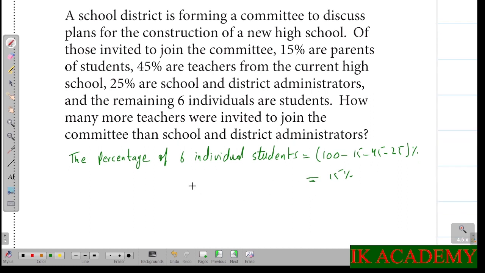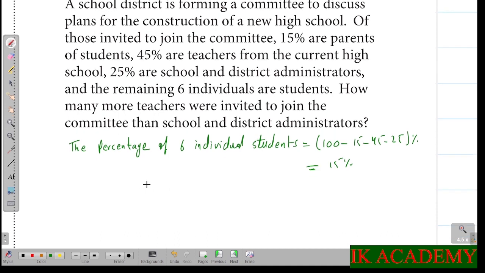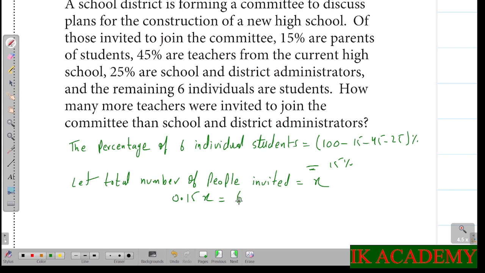Now we can find the total number of people who were invited by using the 15% of 6 students. Let the total number of people invited be X. When we multiply 15% by the total number of people, we get 6.